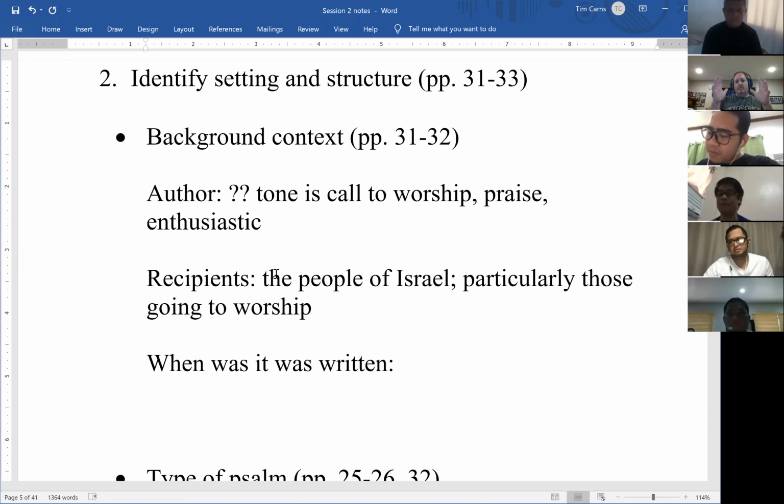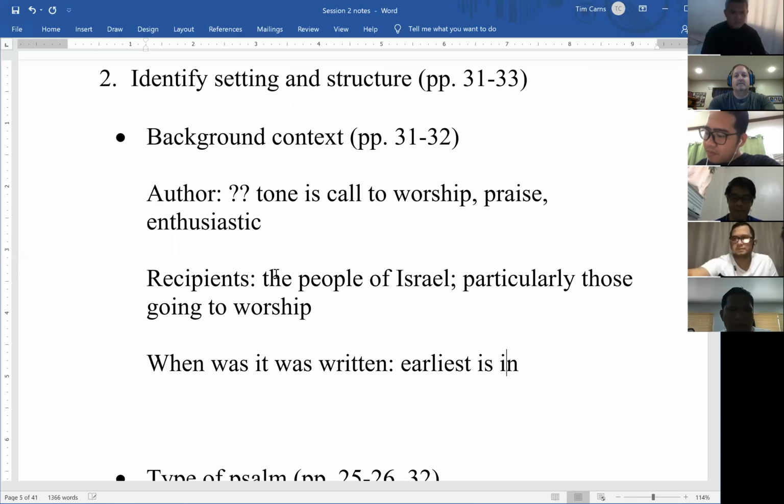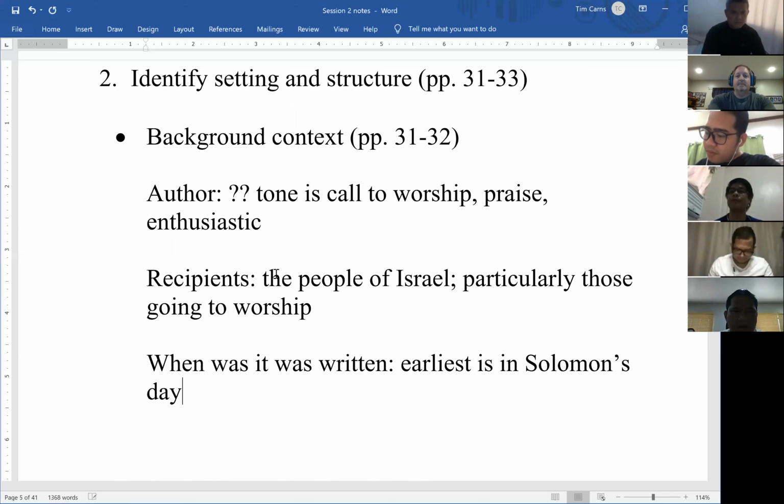What was the likely window? When was the earliest the psalm could have been written? During the time of Samuel. Okay, when is the earliest? Solomon's time. Yeah, maybe Solomon's time. And the earliest? How about David? Because remember, he mentions there's a temple, right?